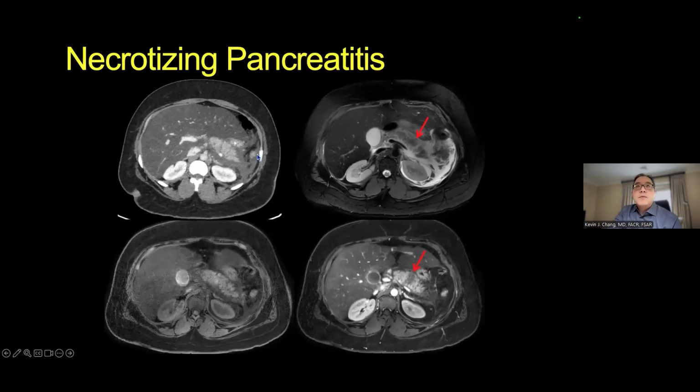And the time interval between these two images is about 2 days. So that might be one explanation for why you see the necrosis better on the MRI than you did on the CT scan. But I think because gadolinium enhancement is so much more apparent on an MRI, oftentimes the diagnosis of necrotizing pancreatitis can be easier to make on the MRI than on the initial CT.